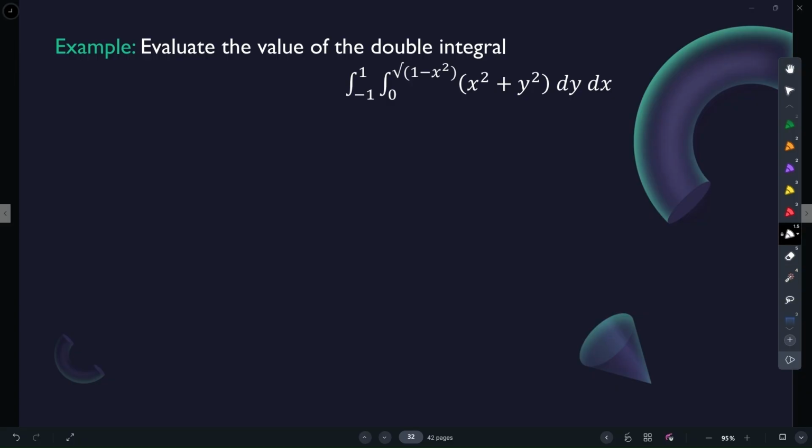So first of all, what is that region? The region is going in x between minus 1 and 1. That's easy enough. Minus 1, 1. And then above it is the function y equals the square root of 1 minus x squared. So we're going between y equals 0, that's the x-axis, to y equals the square root of 1 minus x squared.